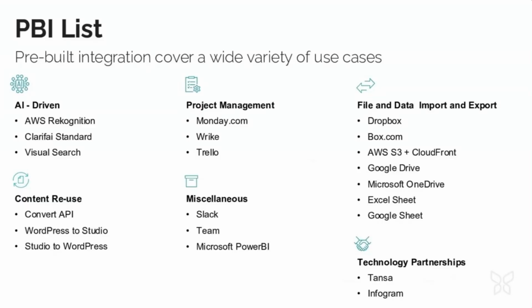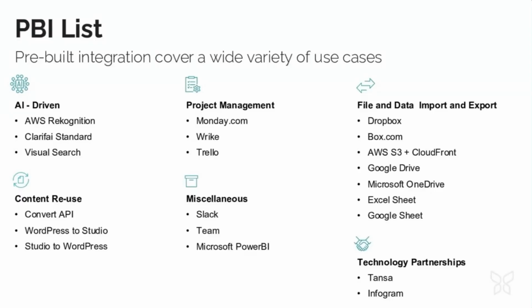As you can see here, I'm not going to read this entire list, but things that are AI driven: recognition, Clarifai, and visual search. Content reuse, project management, miscellaneous tools like Slack, Teams for communication. Power BI is a nice integration. We have file data import and export. And lastly, we have technology partnerships, Tanza for spell check and Infogram for tables within the digital editor.